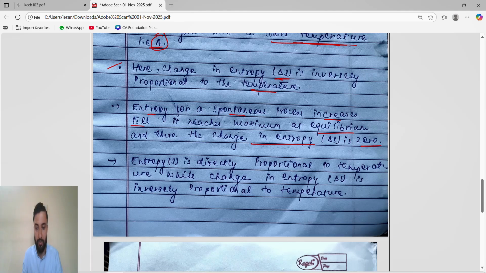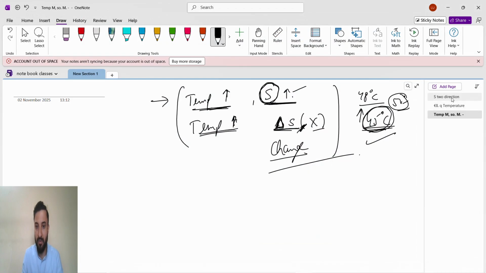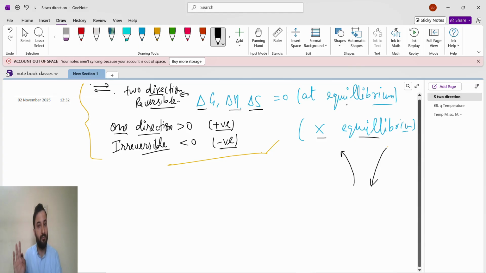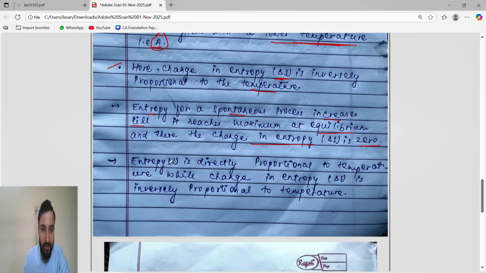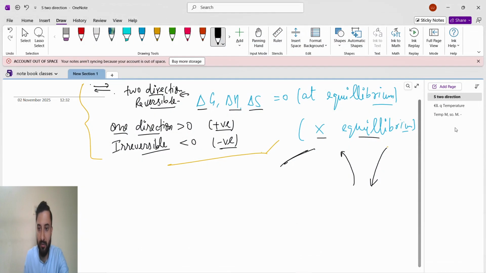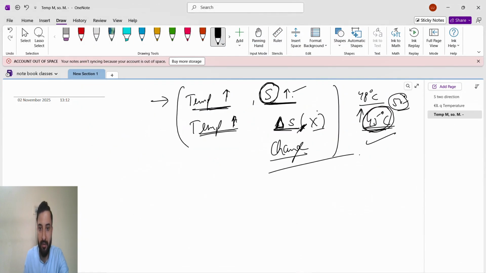I have just told you this thing, guys. Okay, the same thing. This is a very important concept. After that, guys, we'll write this: entropy S is directly proportional to temperature, while change in entropy is inversely proportional to temperature. This also we will write, and these things I had explained to you.